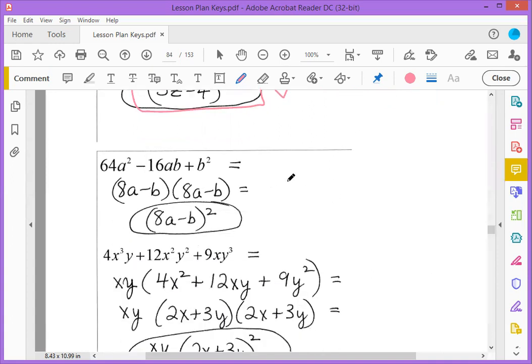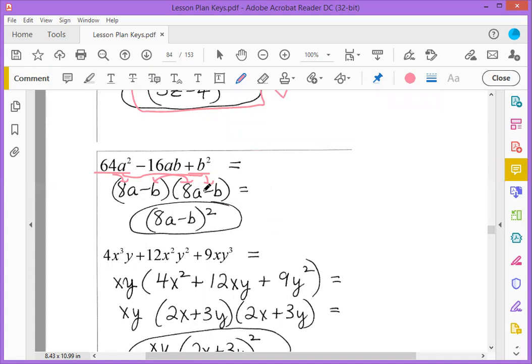Now, similarly, in the next example, we see 64a squared as our first term. We're going to factor that 64a squared using 8a and 8a. We know 8 times 8 gives us 64, and a times a gives us a squared. And then b squared, we're factoring using a minus b and a minus b.